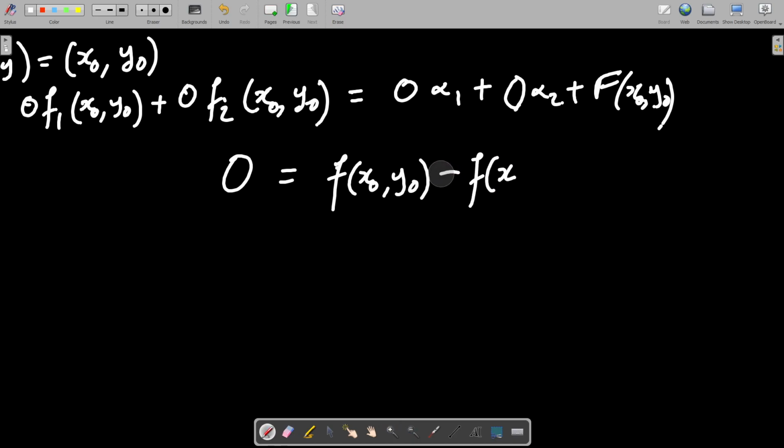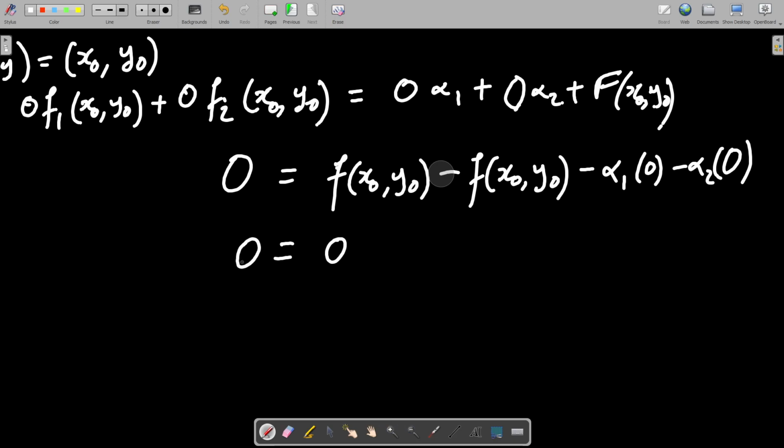Again this was already x naught y naught. The remaining terms become alpha 1 into 0 minus alpha 2 into 0. The brackets cancel out and this 2 also cancels out. So you have 0 is equal to 0.